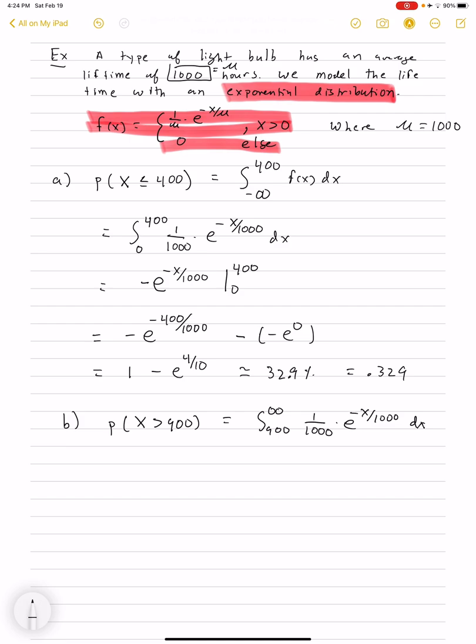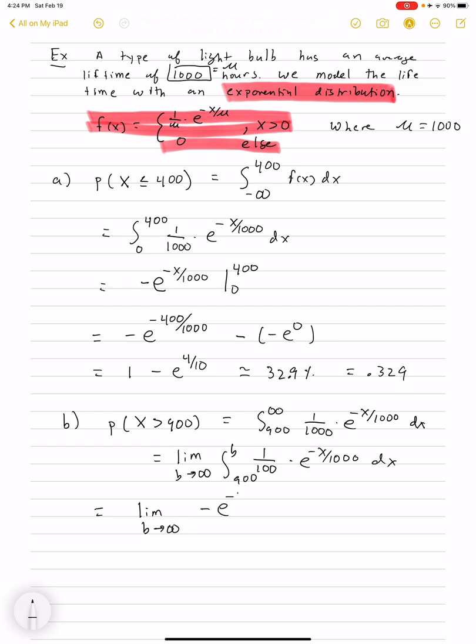We should notice this is an improper integral, so we'll take the limit as b goes to infinity of the integral from 900 to b of 1 over 1,000 times e to the minus x over 1,000 dx. We can anti-differentiate this, and we'll get the following.